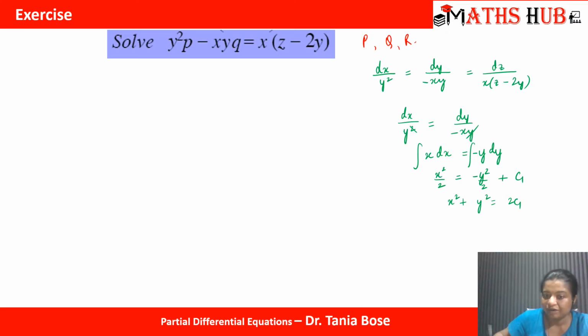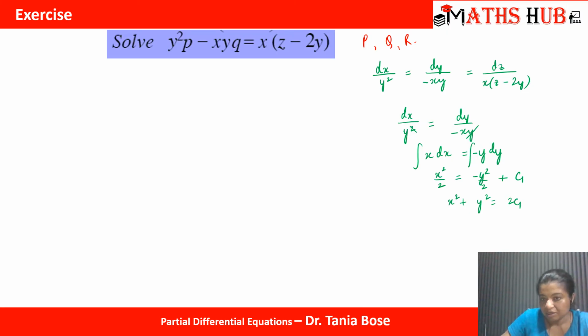Let us try to find out the second solution. Now which two other equations we can take? We can take dy by minus xy is equal to dz upon x into z minus 2y, right? So you can cancel out x on both sides, and now as you can see this term is containing both z and y. So what can be done?